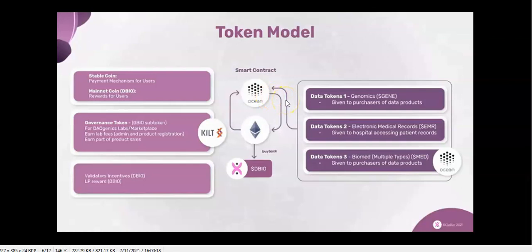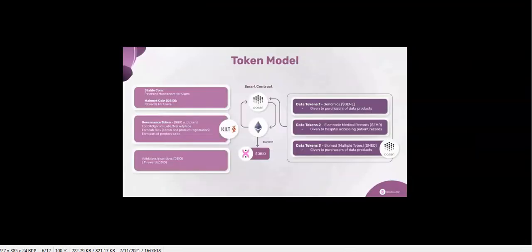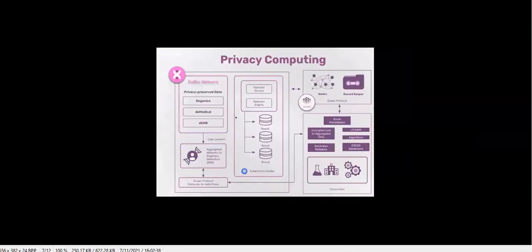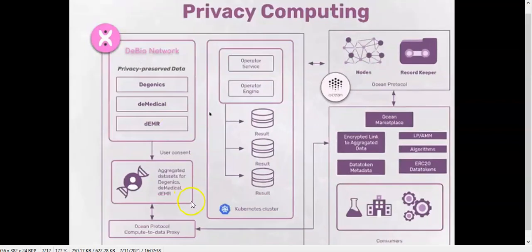So we have genomics, which will be given to producers of data products. Data two tokens, which is EMR, given to hospital records, and the other token. So there is this privacy computing marketplace. I don't want to go into this for now.